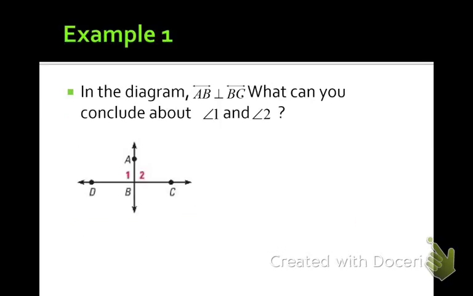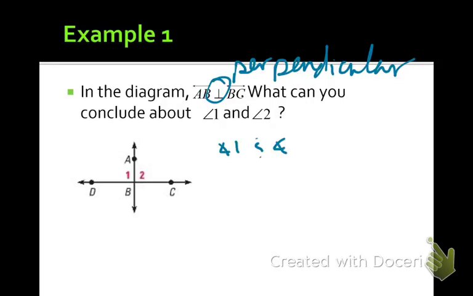So how do we use this idea? In the diagram here, in this first example, line AB and line BC are perpendicular. Remember, this symbol means perpendicular. What can you conclude about angle 1 and angle 2? Well, if that's the case, then angle 1 and angle 2 are right angles.